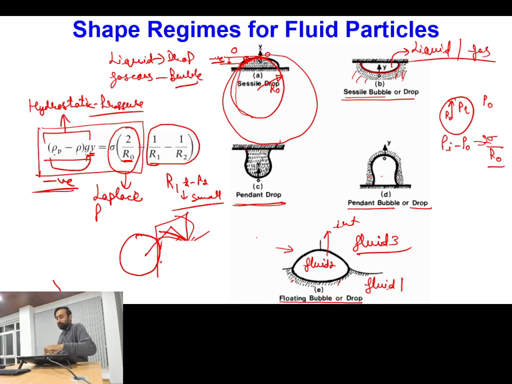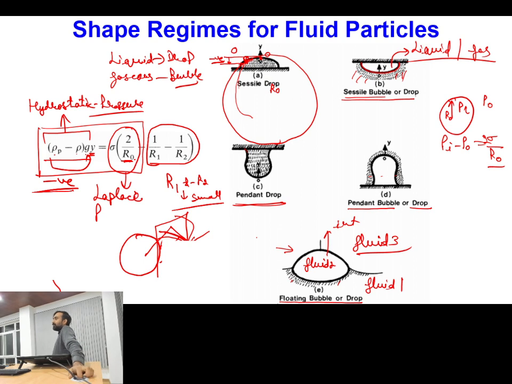R1 and R2 will be the same only at the point where I have the axis of symmetry. So to make the calculation easy, the reference point we consider is at the axis of symmetry, because there my values of R1 and R2 will be the same, equal to R naught. That's why I am writing it simply as 2 by R naught.